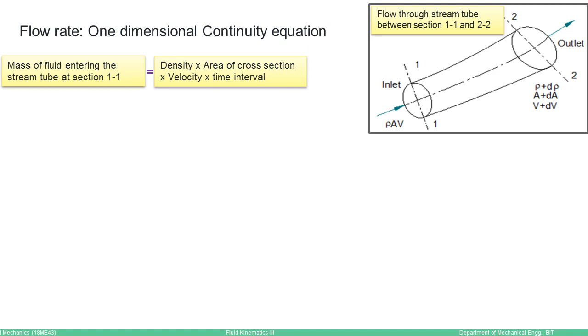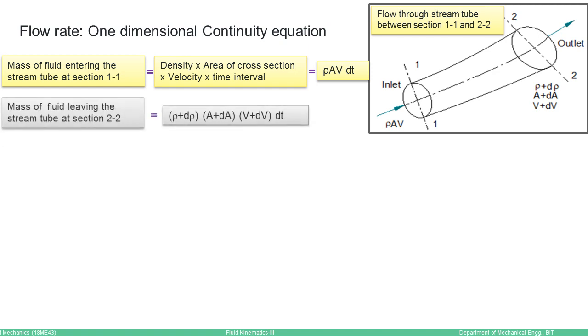Since this is happening during a given time interval, and also we are finding the mass of fluid entering, not the mass flow rate, that is the rate of change of mass, this mass is given by rho into A into V multiplied by time interval dt. So we get rho A V dt for the mass of fluid entering the stream tube at section 1.